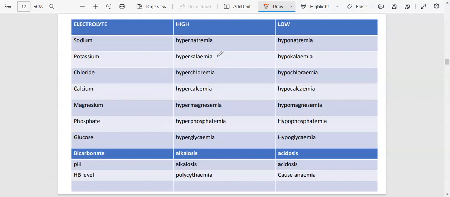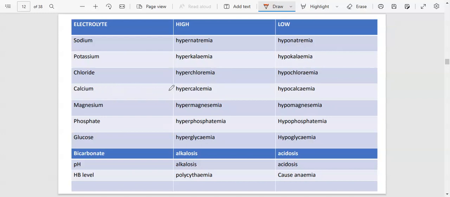For potassium, high potassium is called hyperkalemia, and low potassium is called hypokalemia. So hypo just means low, hyper means high. High chloride ions give a condition called hyperchloremia, while low is hypochloremia.